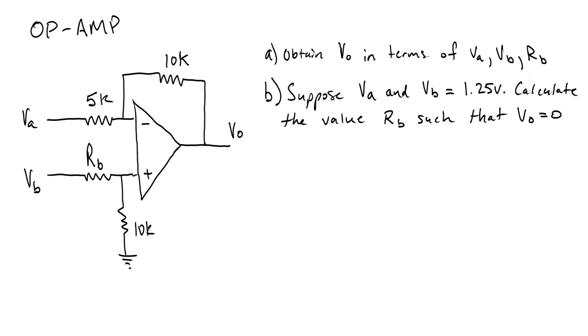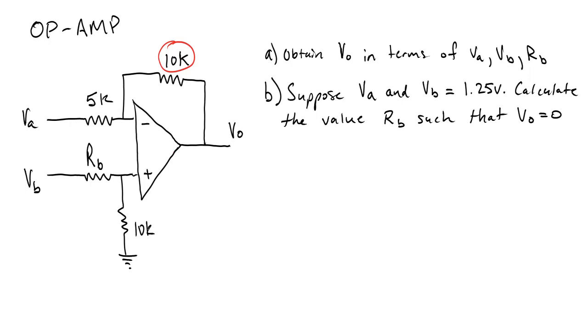One of these on VA is 5K, and then on the VB input, we have an unknown resistor, RB, and then we have a voltage division resistor, 10K going to ground, and then we have a 10K negative feedback resistor right here, that's coming back from Vout.